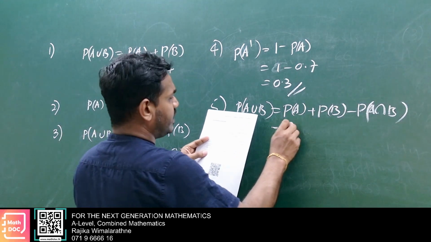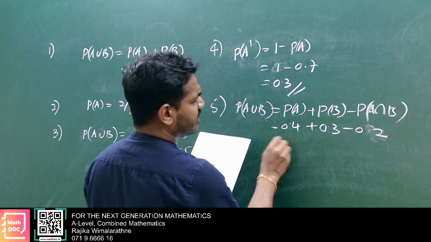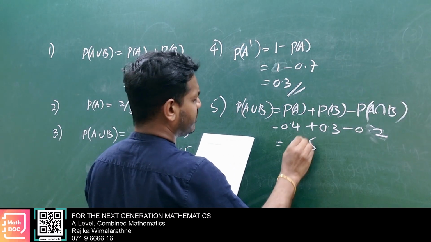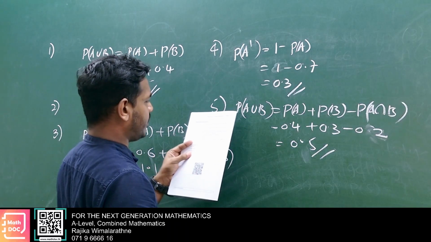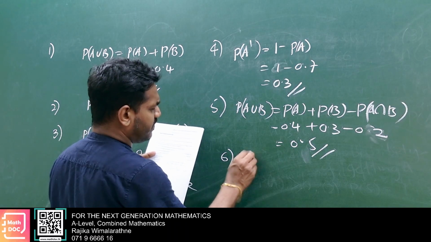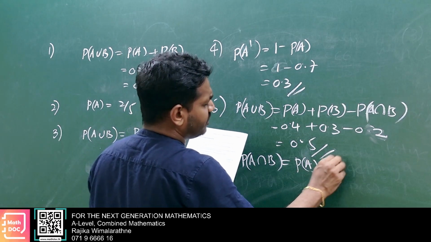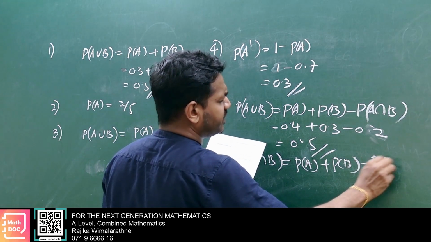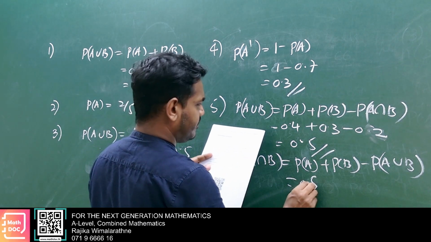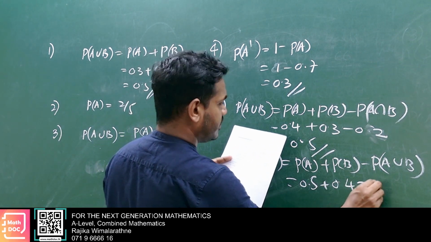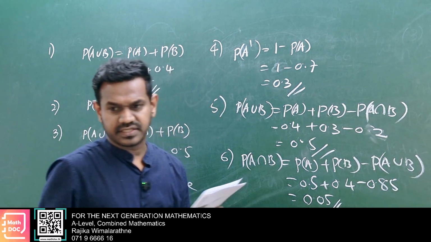Then 0.4 plus 0.3 minus 0.2, 0.5. Question 6: A union B, P(A intersection B) equals P(A) plus P(B) minus P(A union B). Okay, P(A) 0.5, P(B) 0.4, 0.85, so 0.05.